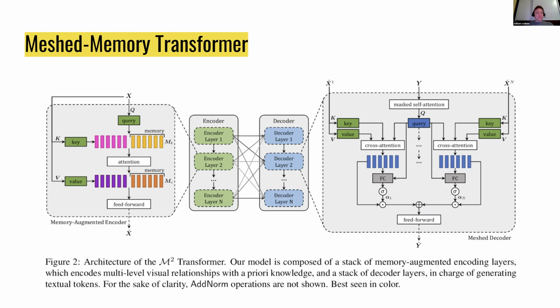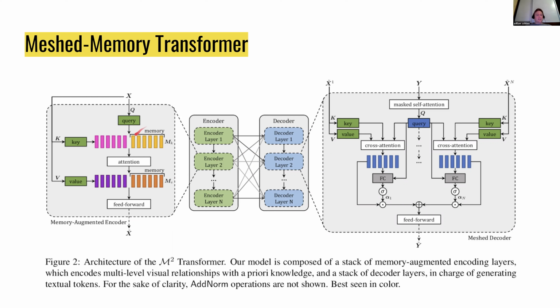So here is the overview of the meshed memory transformer. Essentially, you have the query, key and value that we discussed earlier, and then you have the attention, and this is basically a single encoding layer.